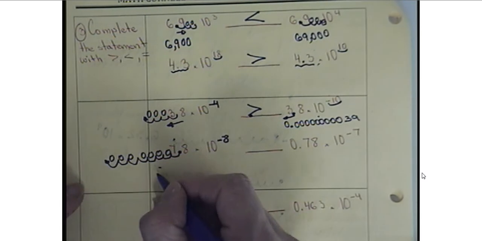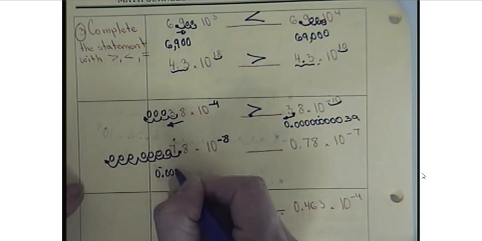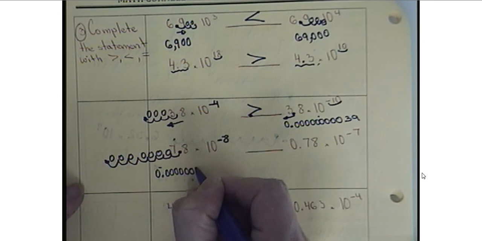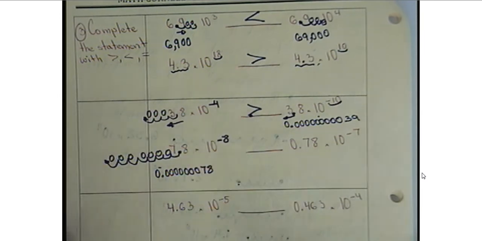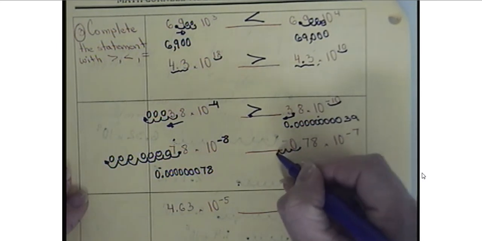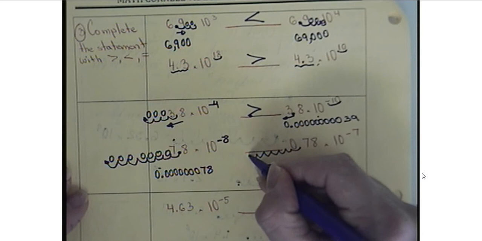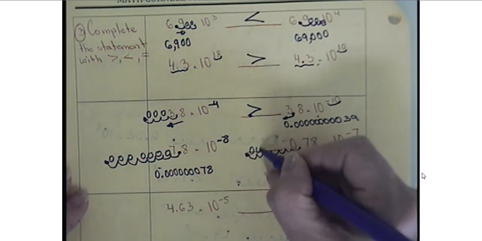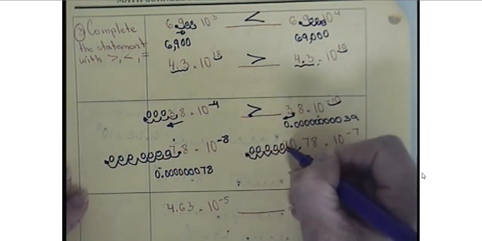Let's rewrite the problem. 0.0000000078 is what this scientific notation is equal to in standard form. Now this one, we have 7 jumps to the left. 1, 2, 3, 4, 5, 6, 7 jumps. And we have 6 zeros to fill out.